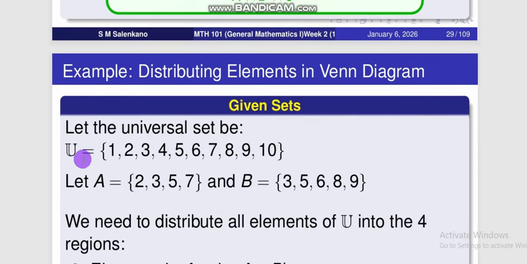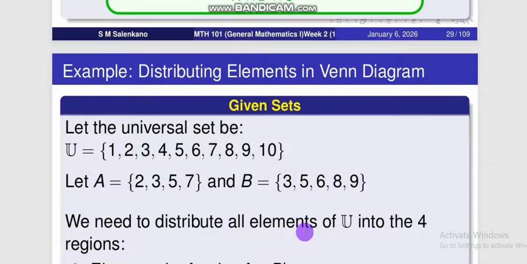And then let set A be the set of elements 2 3 5 7, all of them from the universal set, and then B a subset 3 5 6 8 9, all the elements of B are also from the universal set.